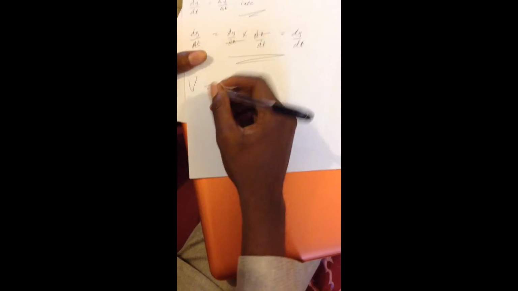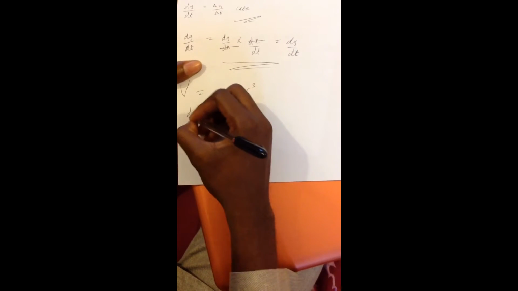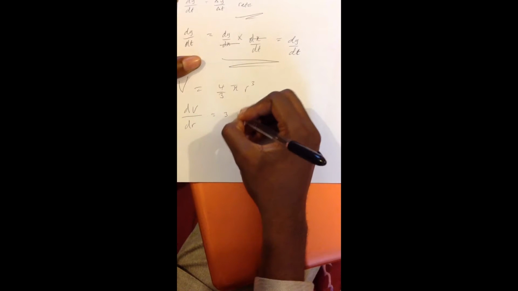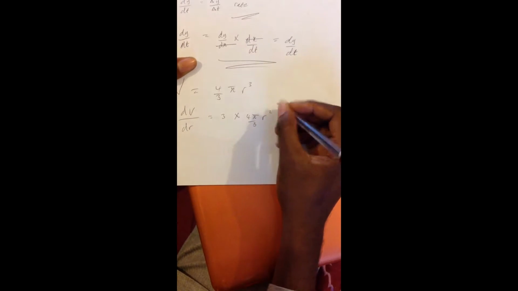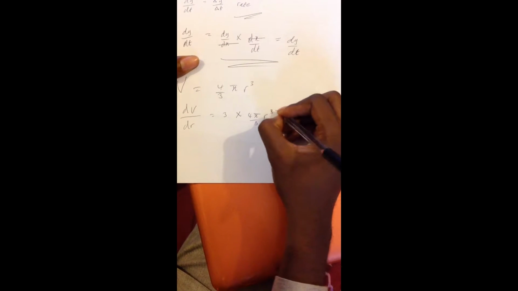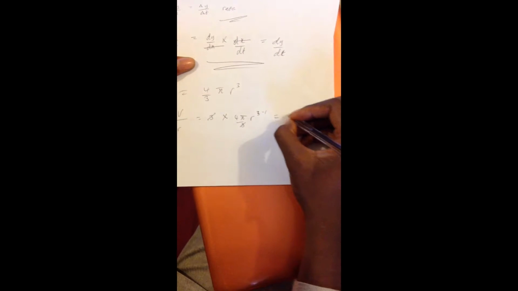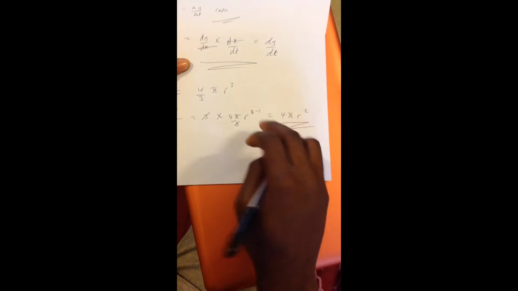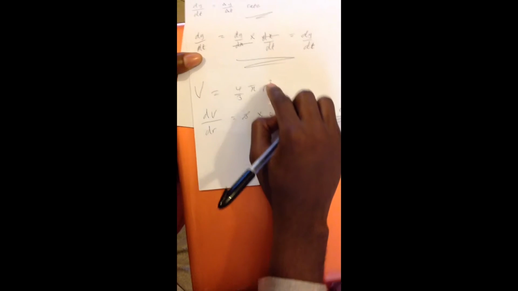So, if we differentiate V with respect to r, we have dV/dr equal to 3 times 4 pi over 3 r squared, or 3 minus 1, as I previously explained. This should cancel out to give you 4 pi r squared. So this is the rate at which the volume is changing with respect to the radius.